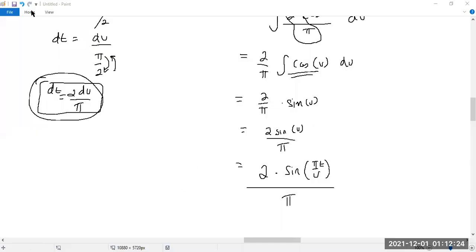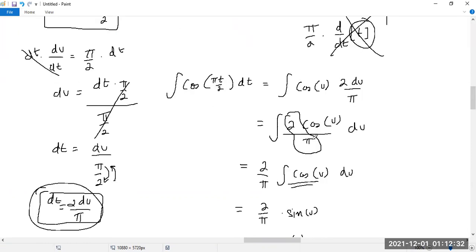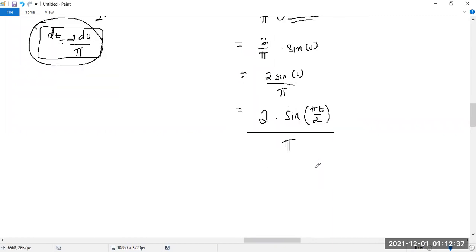When we're replacing the u part, u is actually pi t over 2, not pi t over u. So it's actually 2 sine of pi t over 2, all over pi. And so that's our integral.